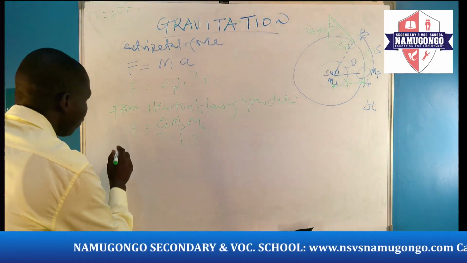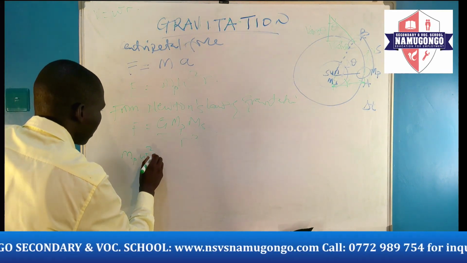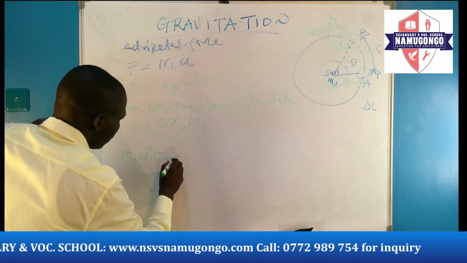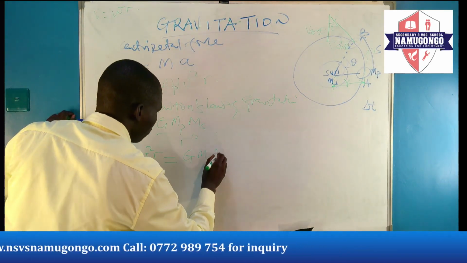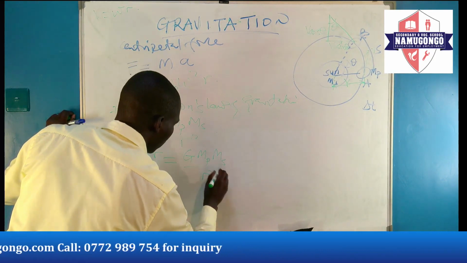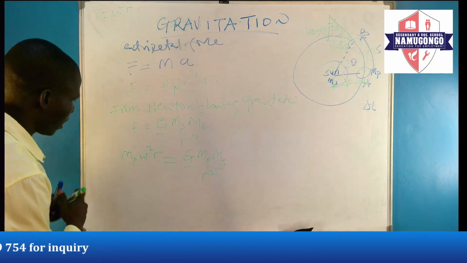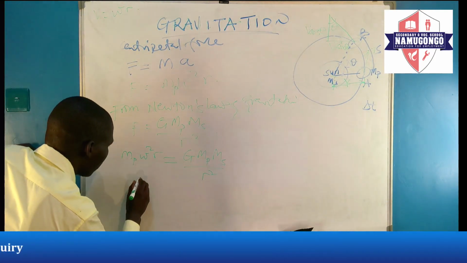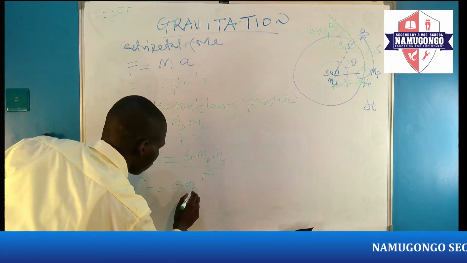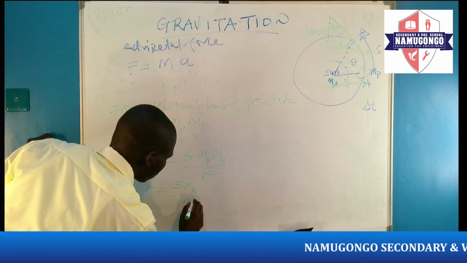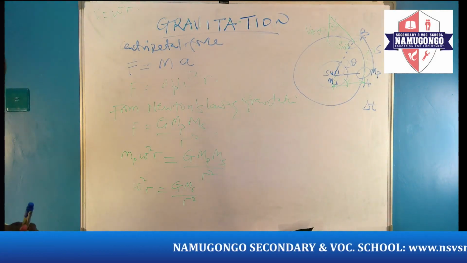We shall have mp omega squared r equals G mp ms all over r squared. You will see that mp and mp will cancel, so we shall have omega squared r equals G ms all over r squared, where ms is the mass of the sun.